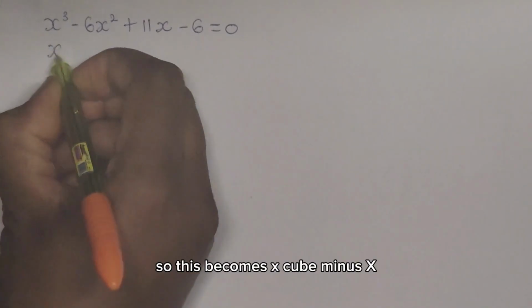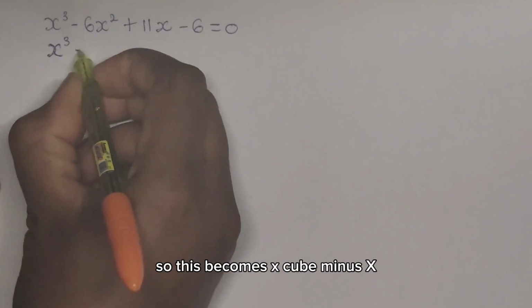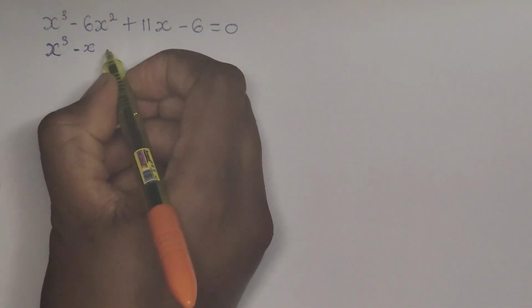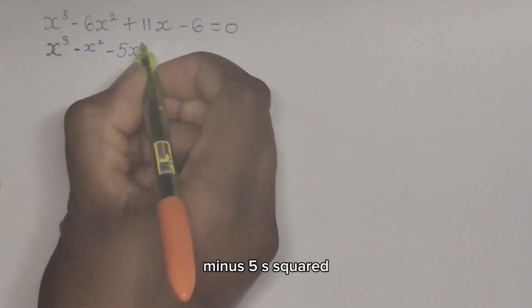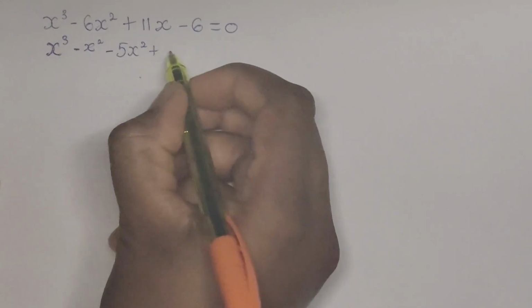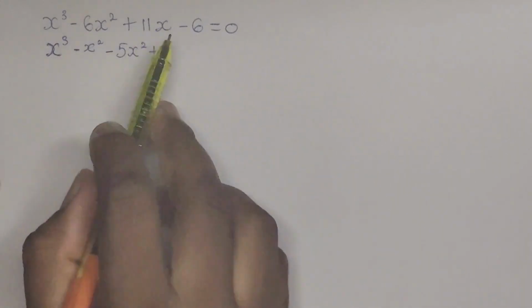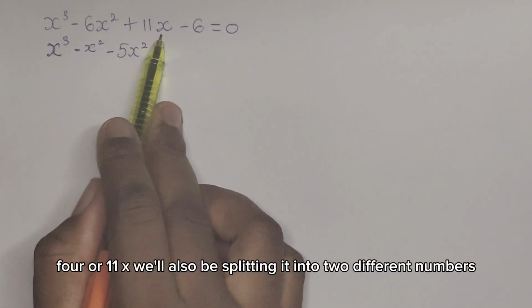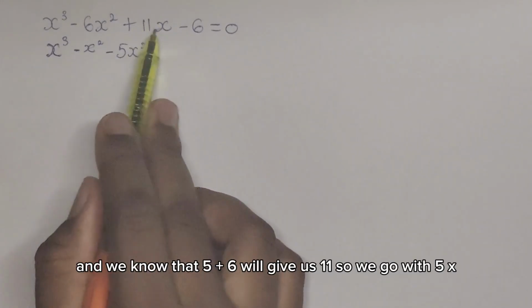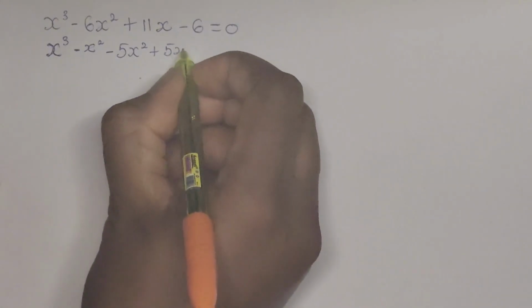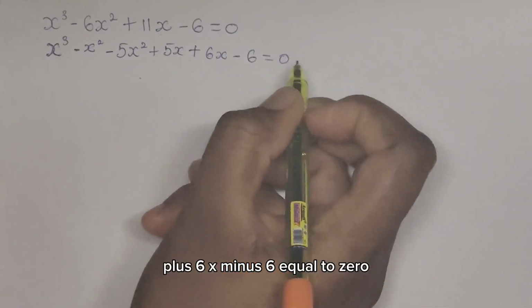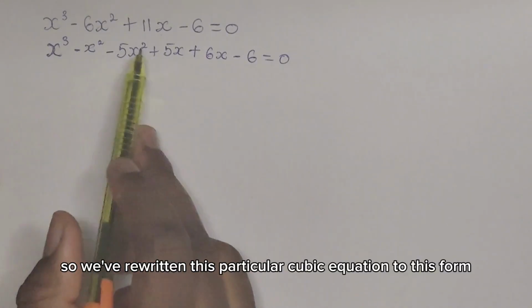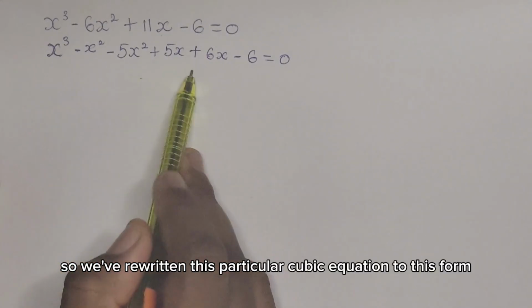So this becomes x cubed minus x squared minus 5x squared plus, for 11x, we'll also be splitting it into 2 different numbers, and we know that 5 plus 6 will give us 11. So we go with 5x plus 6x minus 6 equal to 0. So we've rewritten this particular cubic equation to this form.